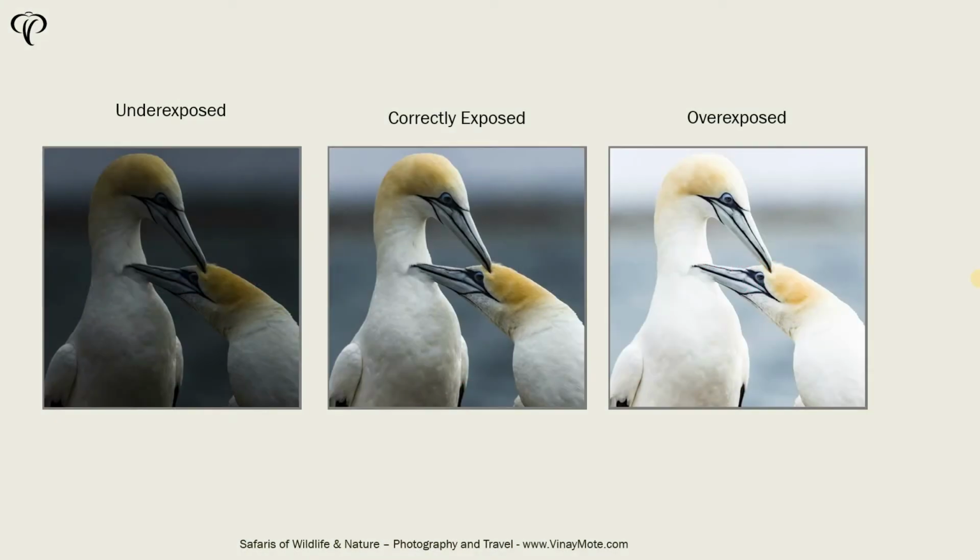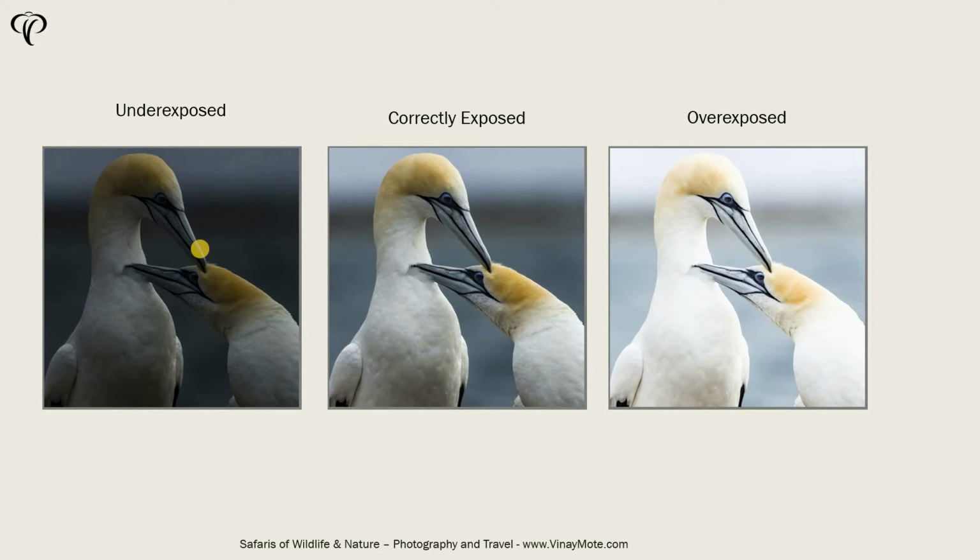Alright, now let's look at one example. As you see here, the middle image is correctly exposed. As I was there in the field, I could see these birds exactly like the middle image. However, if I play around with my settings, ISO, aperture or shutter speed, in such a way that the amount of light coming inside the camera is less, I will get an image like the one on the left side, which is darker than whatever I can see in real time.